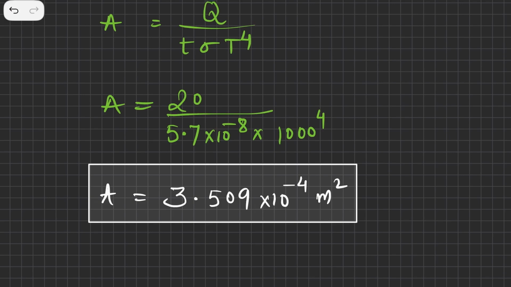Numbers can be anything, calculations can be anything, you should be able to solve it. Again, if you are not able to solve this, let me know in the comments and I will do the elaboration. If you solve this, you get 3.509 times 10 raised to minus 4 meters square. So that's the area of that particular hole of the furnace.